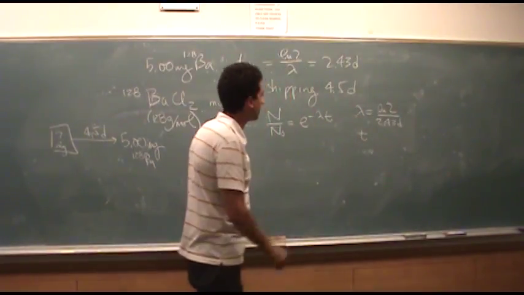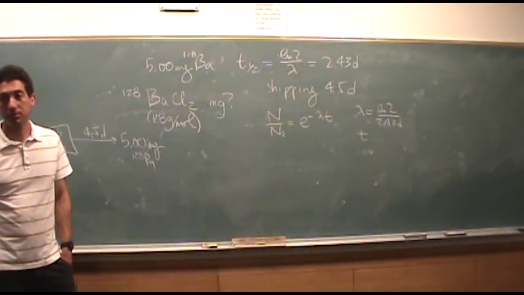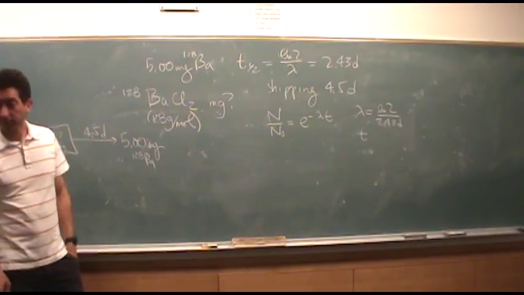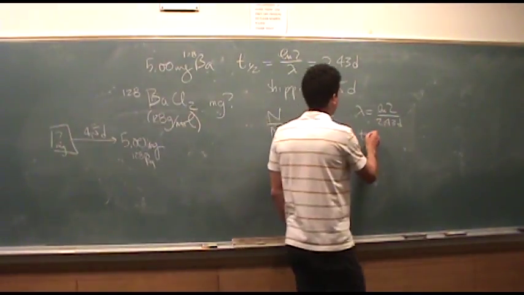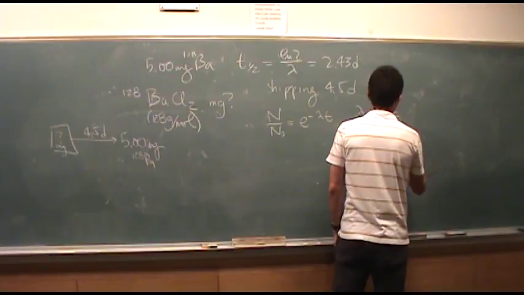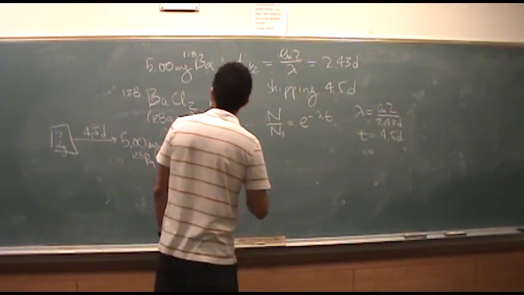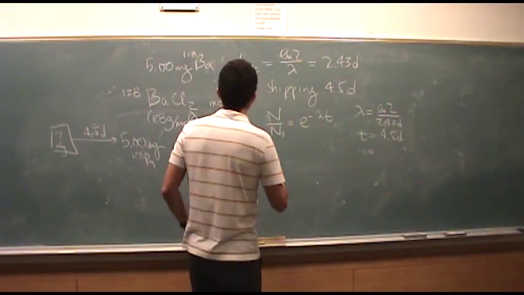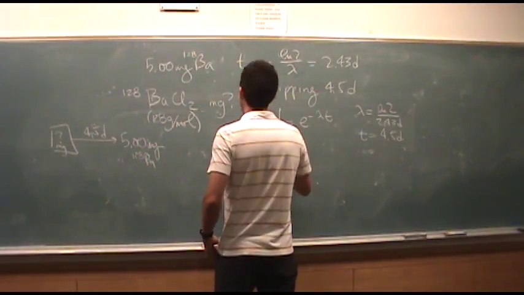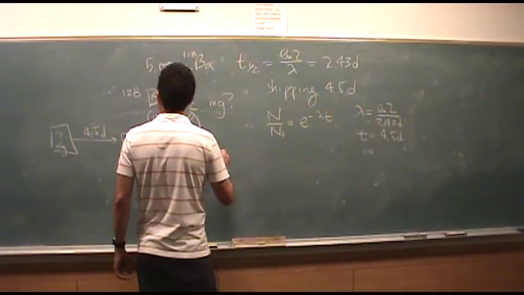What's the time going to be? 4.5, yeah. Okay, so we got both of those, so we can get this ratio. That's good. So let's do a little calculation.